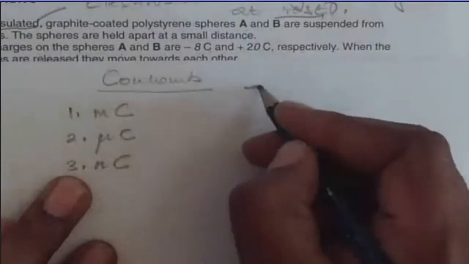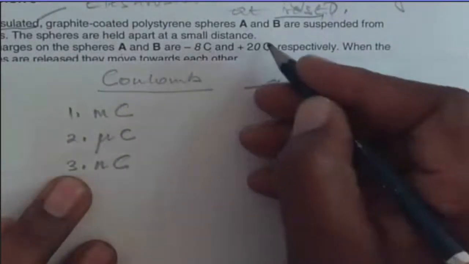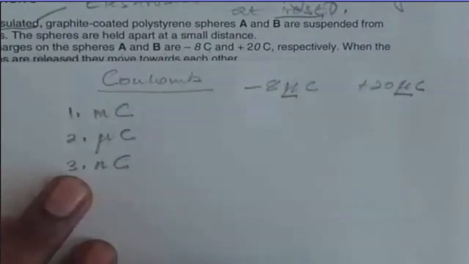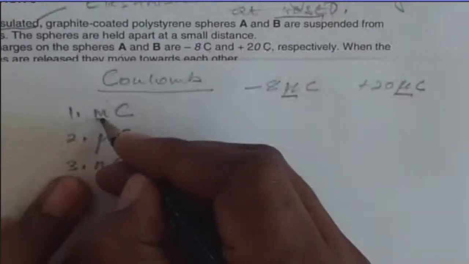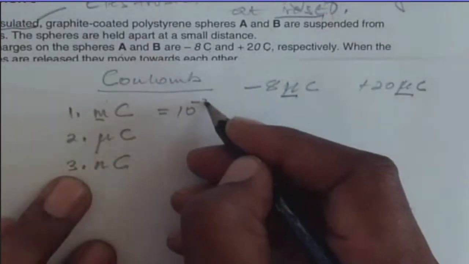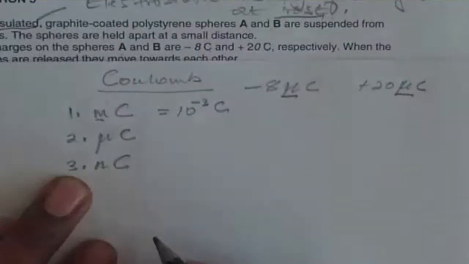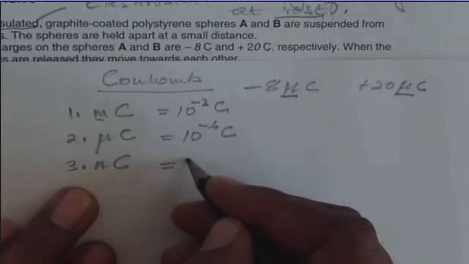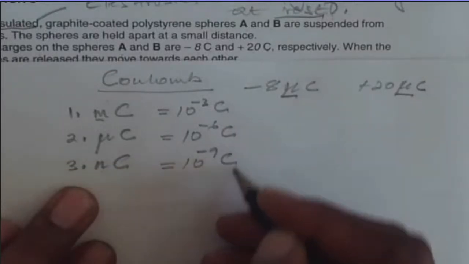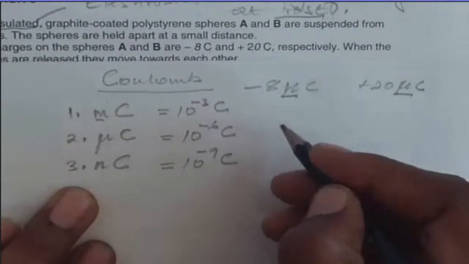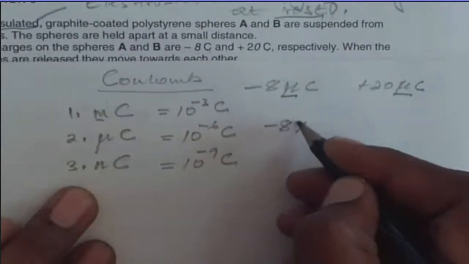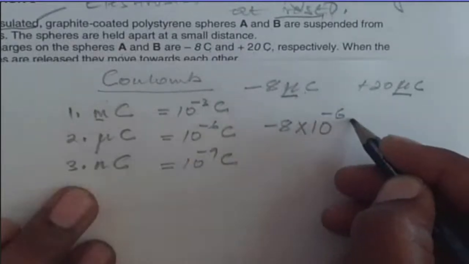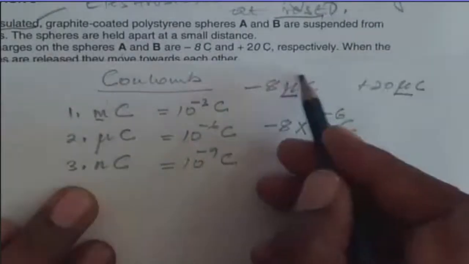But suppose this was -8 microcoulomb and the other one +20 microcoulomb, we would need to change the micro. The milli is 10 to the power -3 coulomb, the micro is 10 to the power -6 coulomb, and the nano is 10 to the power -9 coulomb. So I will say -8 multiplied by 10 to the power -6, and that will be in coulomb.